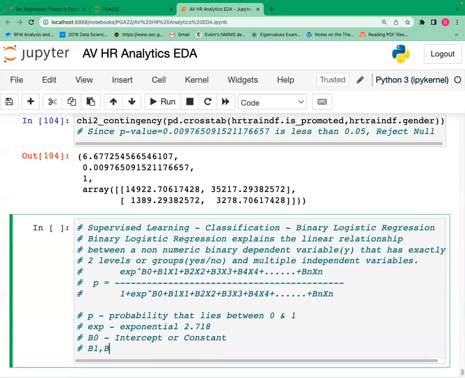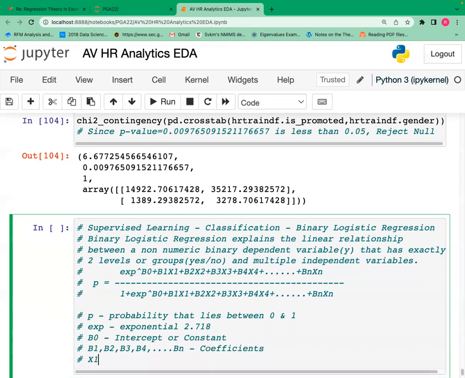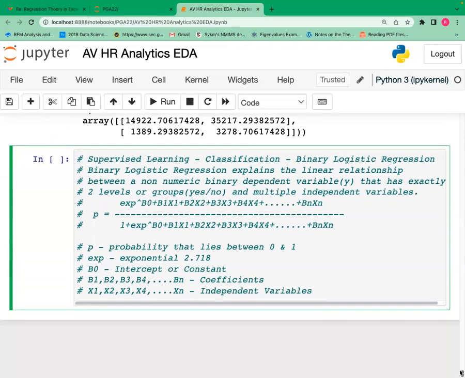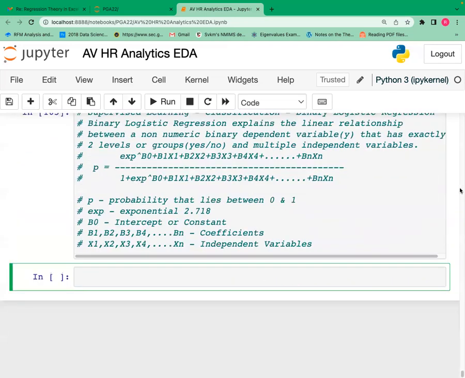Then b1, b2, b3, b4 till bn, we call them coefficients or slopes, and x1, x2, x3, x4 till xn, we call them independent variables. So this is the equation.